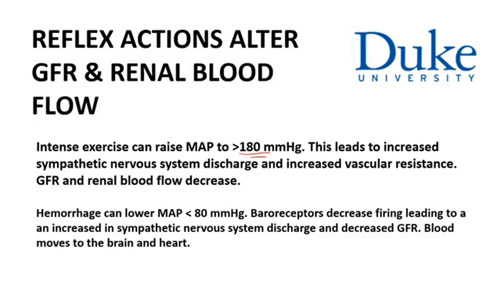This will increase sympathetic nervous system discharge, and the sympathetic nervous system will then increase resistance throughout the entire vasculature, not only within the other portions of the body, but also in the renal artery, and thereby affect GFR.